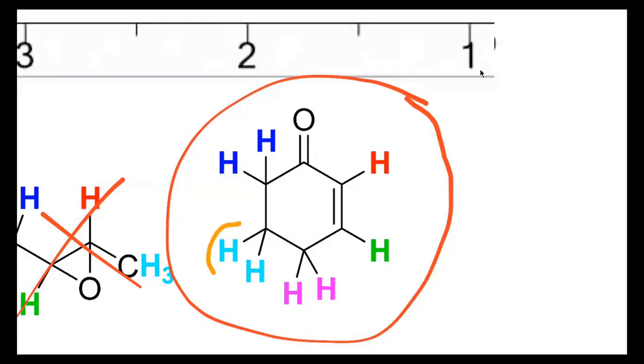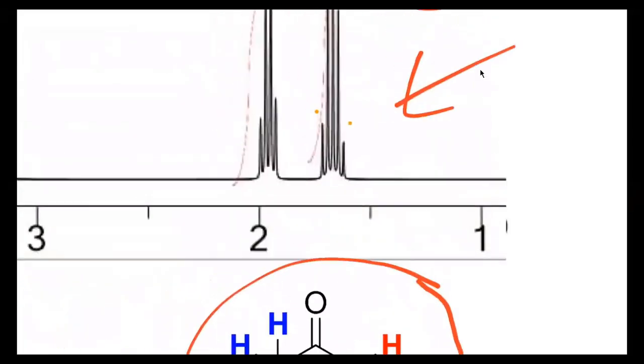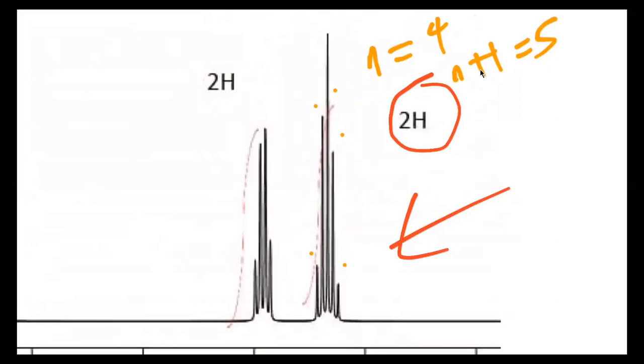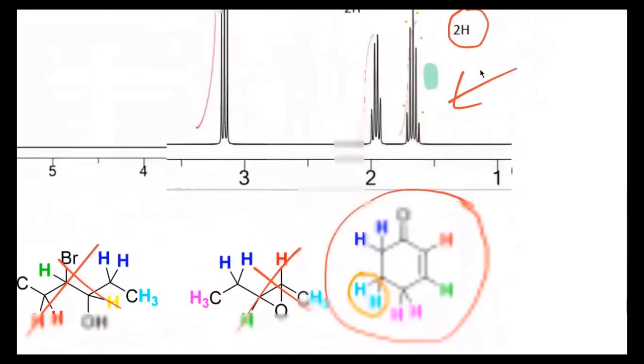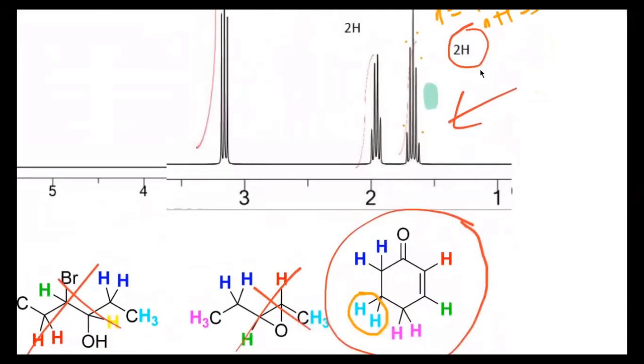Turquoise. Okay, got you right here. I agree with that 100%. And so now we can say definitively that that signal represents the teal colored protons. I agree with that 100%. Anybody not see that?